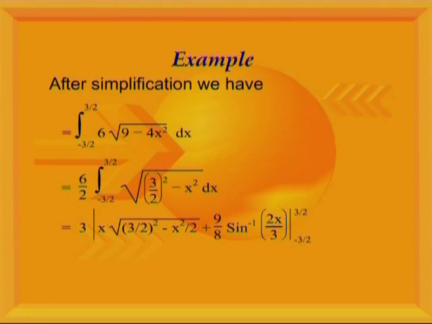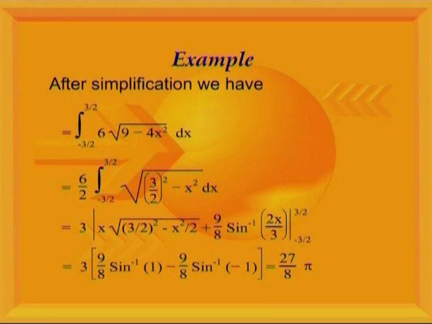Substituting these limits, we get 3 into 9 over 8 sine inverse 1 minus 9 over 8 sine inverse of minus 1. Please note, the very first term becomes 0 when we put x is equal to 3 by 2 or minus 3 by 2.